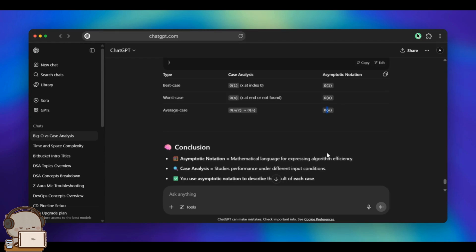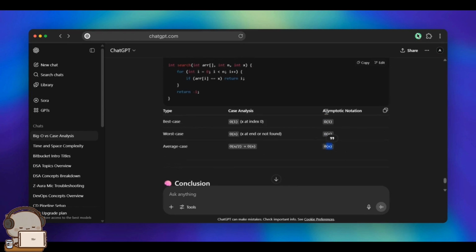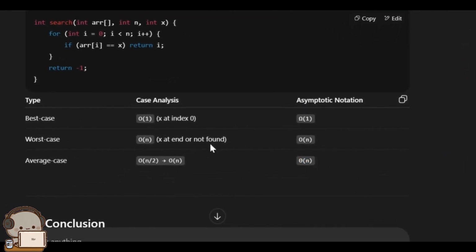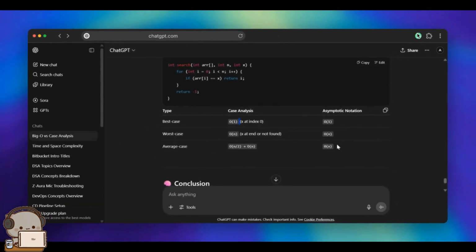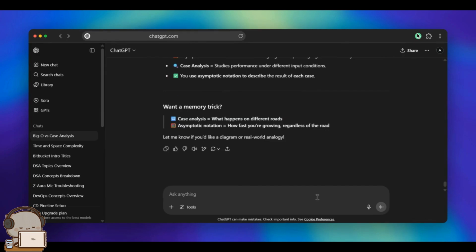So asymptotic is a mathematical language. That's why it has the words upper bound, lower bound, and the tight bound or the exact bound, or I call this the exact value. But I would like to know how exactly an average case is called exact, whereas something that generally takes n is considered an upper bound, and the rest are called lower bounds.